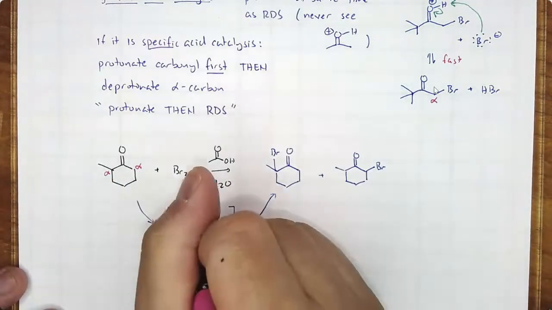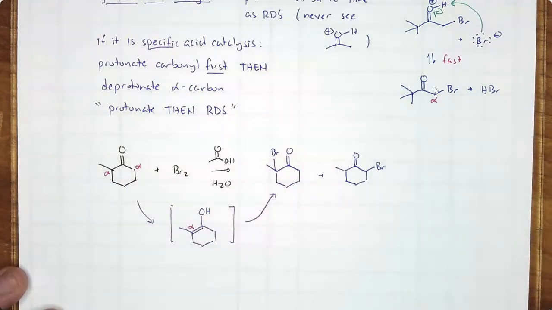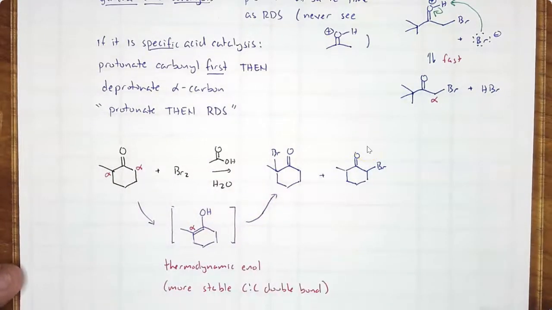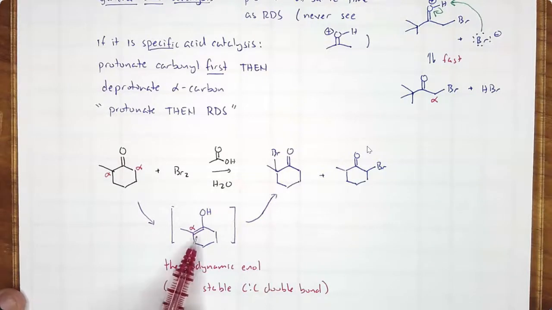We remove the hydrogen off of this alpha carbon. We could call this the thermodynamic enol, and it's the enol that has the more stable carbon-carbon double bond. We call this tetrasubstituted. If the double bond was on the right, that would be trisubstituted. We have one hydrogen here. The other 3 spots are occupied by a non-hydrogen.